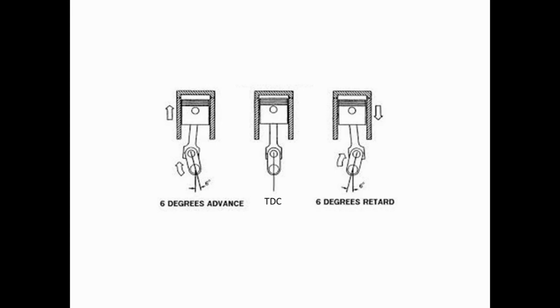In this little diagram, we have the crankshaft 6 degrees before top dead center, so that's considered 6 degrees advanced. This one here is exactly at top dead center, again with the piston at the highest point in its travel. And if the spark occurs with the piston going downward a little bit, in this case 6 degrees of crank rotation past top dead center, if the ignition fires at that point, that's considered 6 degrees of retard.